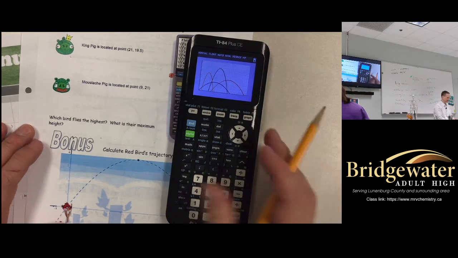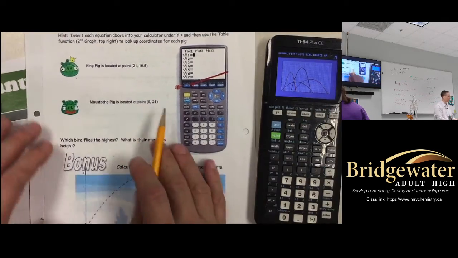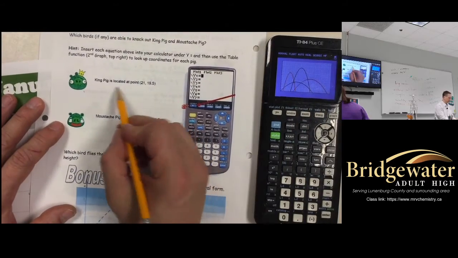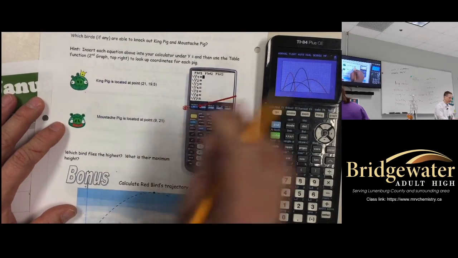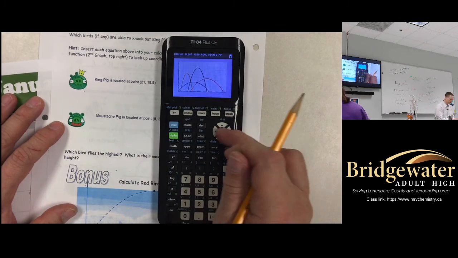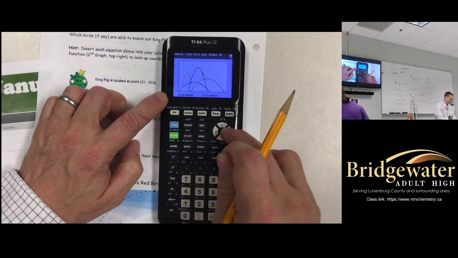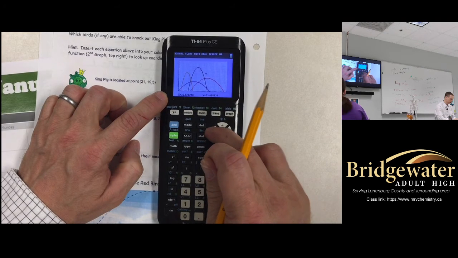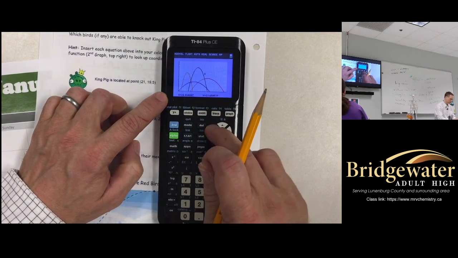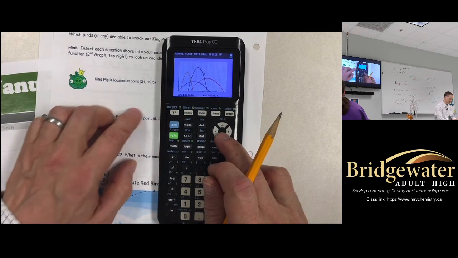And we just have to figure out where are these guys on the graph. And King Pig is located at 21 and 19.5. So I can just use my scroller and go up here to, I want 21. So that's this way, 21, roughly. 21.06, close.